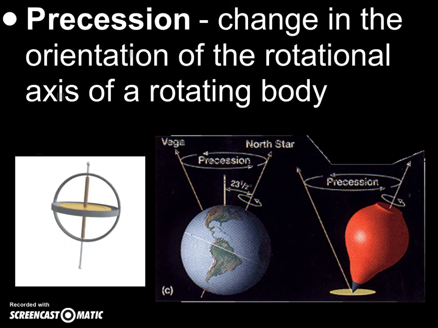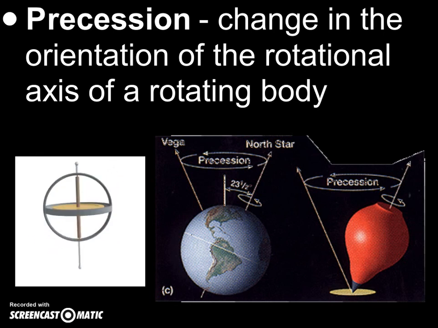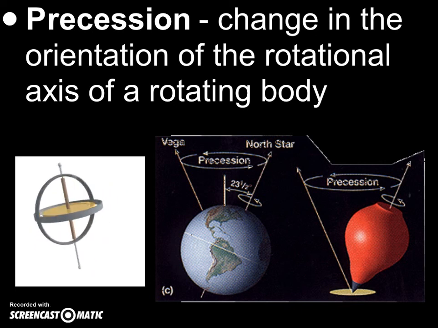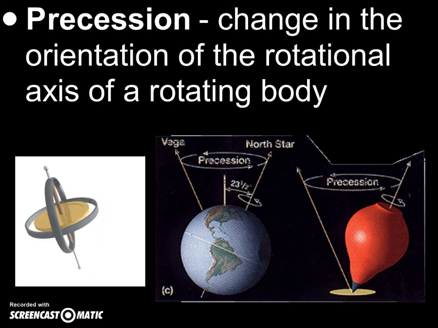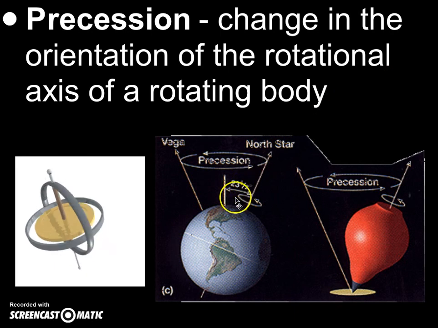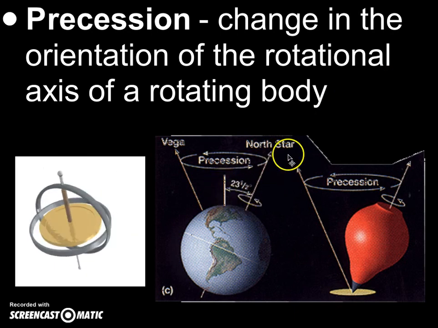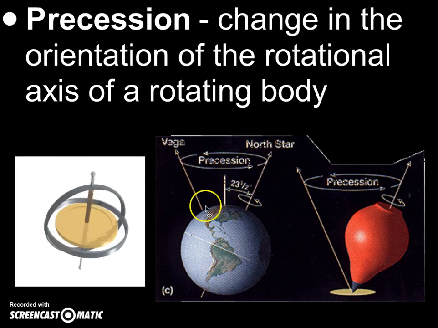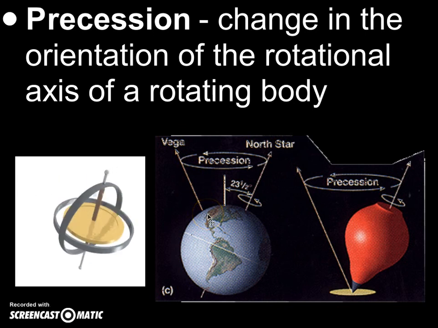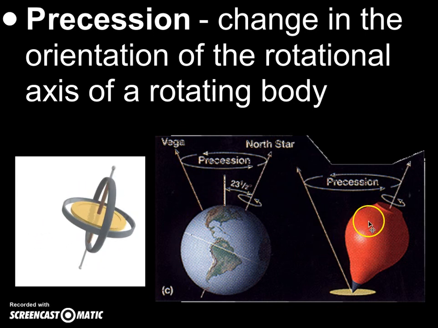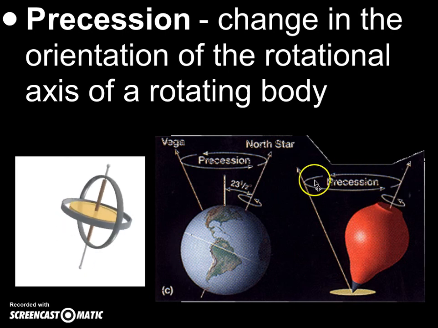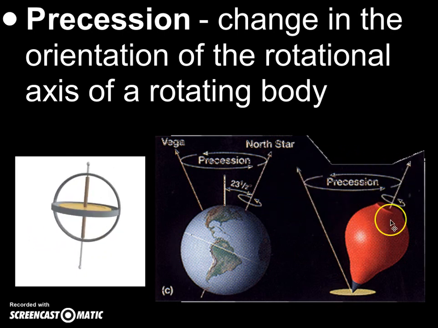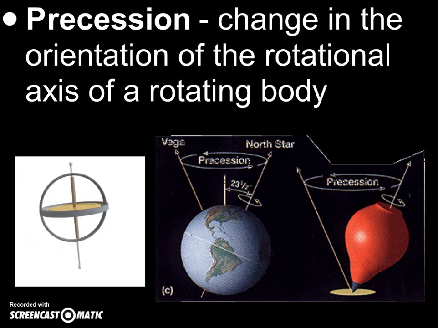Precession is also a term that you need to know. It's the change in the orientation of the rotational axis. So that means it's not only changing from right here, but it's changing and moving this direction too as it spins on its top. Okay, so not only is it spinning this way, but it's also moving round in a broad way.